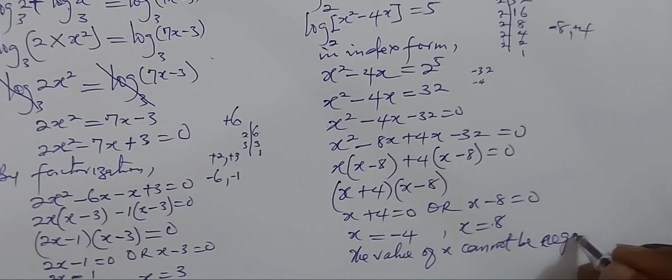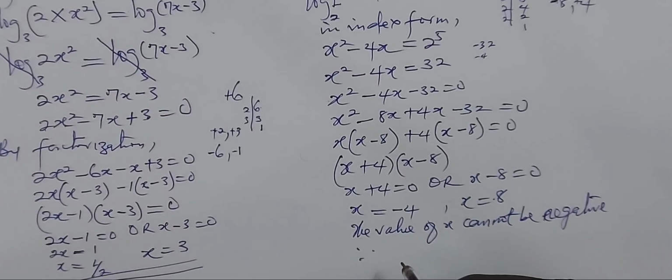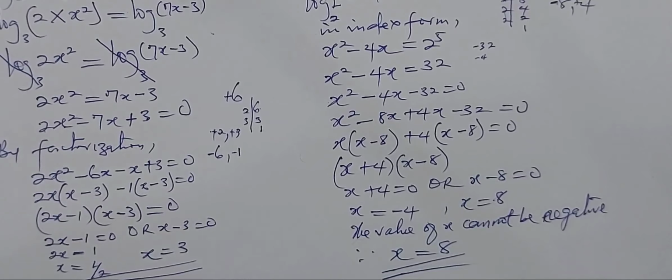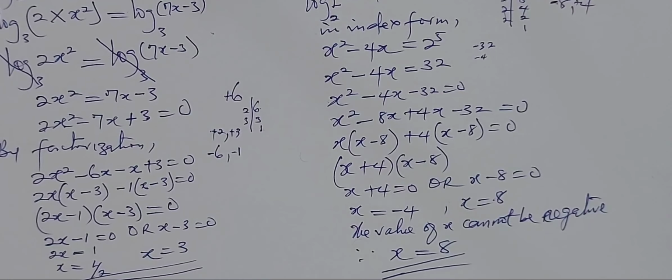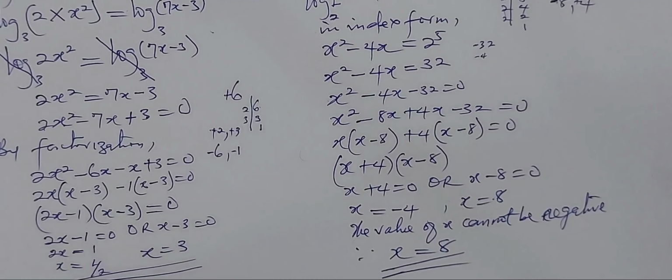Cannot be negative. Therefore, the value of x is equal to 8. So it's simple, just as simple as ABC. So I've solved one or two more, then I'll leave the rest for you to solve.